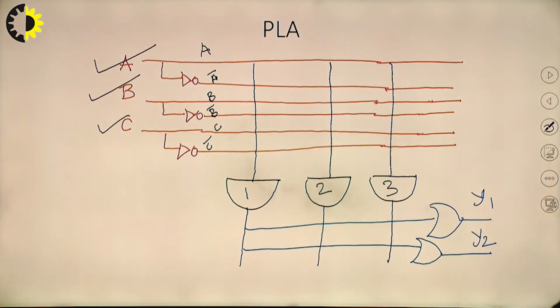Okay. So this is how we will make the PLA circuit. Now this circuit is representing nothing right now, because we need to write the expressions for y1 and y2.